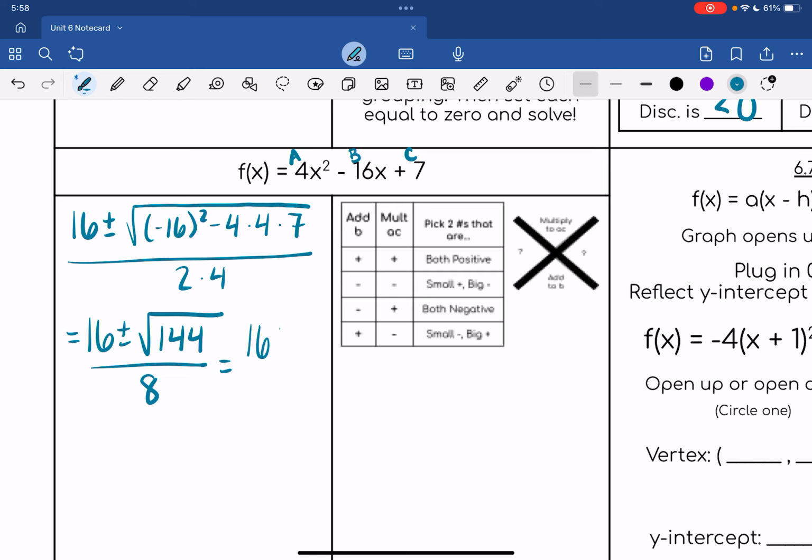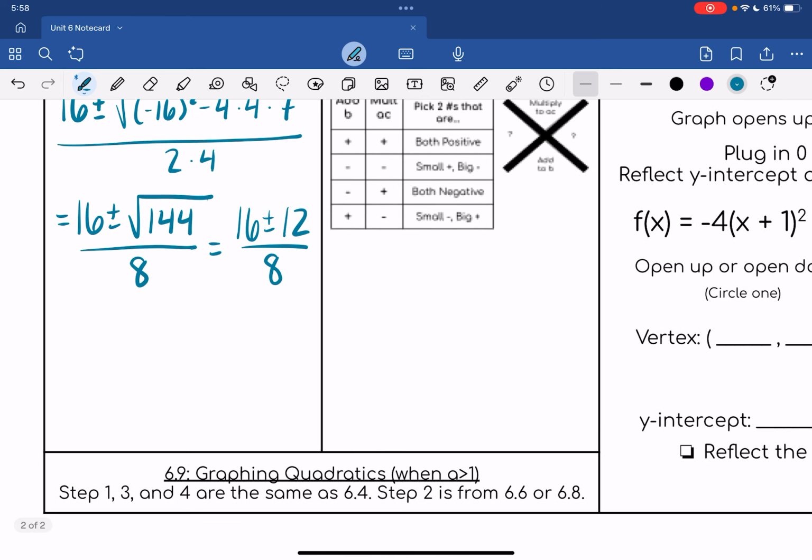So it's going to be 16 plus or minus 12 over 8. And then we would be able to split these up and do our plus version and our minus version. So we'll do 16 plus 12 over 8, and we will also do 16 minus 12 over 8. 16 plus 12 is 28.